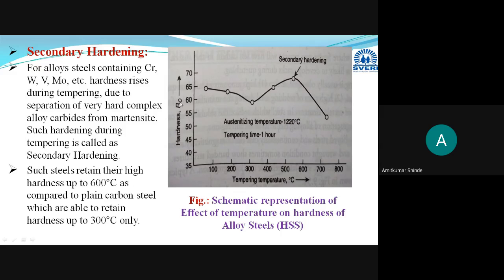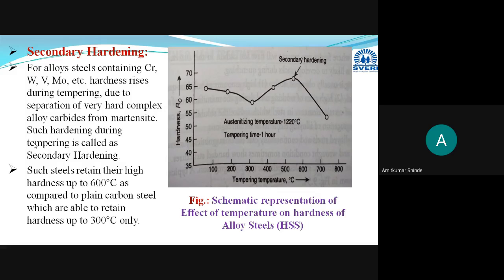Here you can see this: hardness increased. Hardness is increased in the tempering process. Why is it happening? Due to the formation and separation of some alloy carbides. Hardening means improving the hardness during tempering.